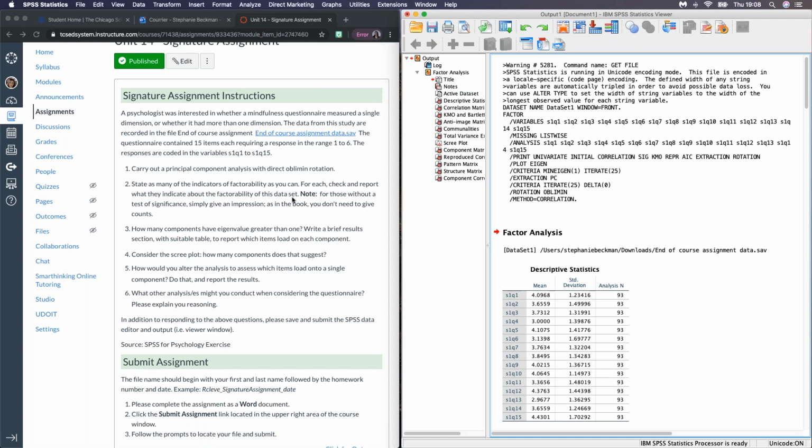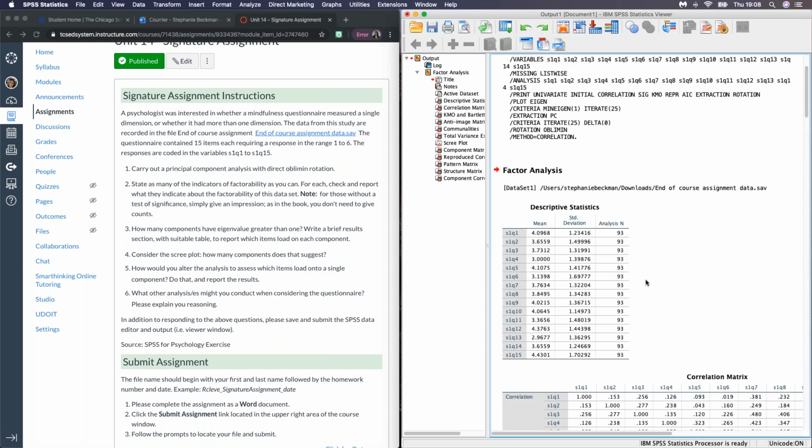So I'll go through each of them and show you where I found the information in the outputs that are over here. I don't necessarily believe that you need to have 6. You might have more, you might have fewer, but this just gives you an idea of the ones that I found. So if you found different ones and you want to include them, you're more than welcome to do that.